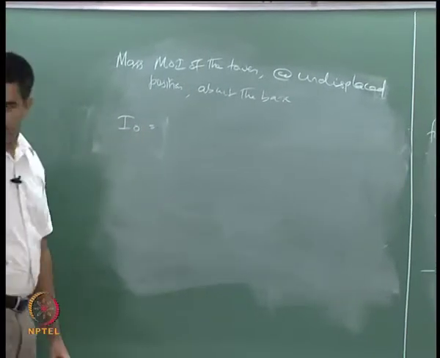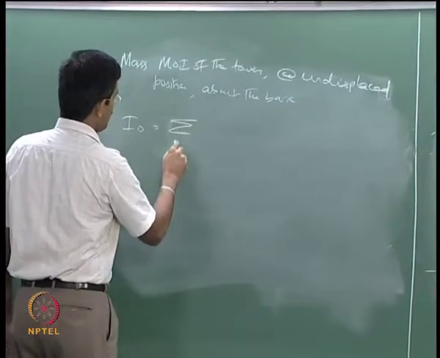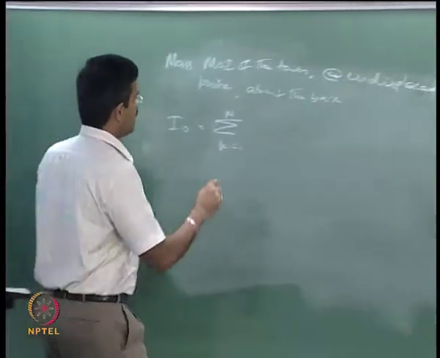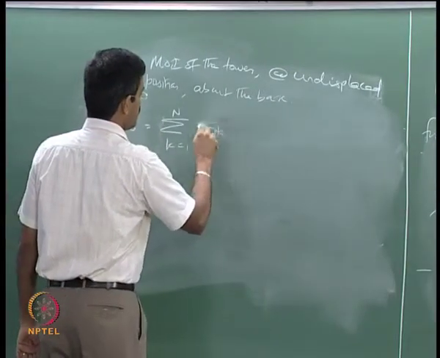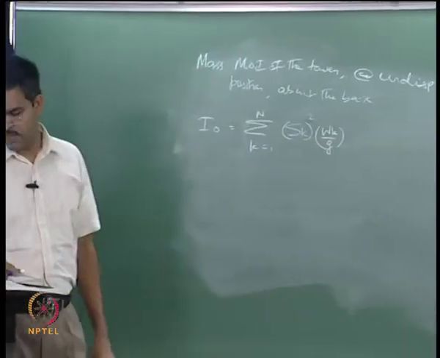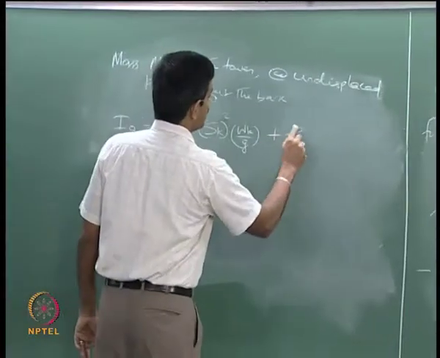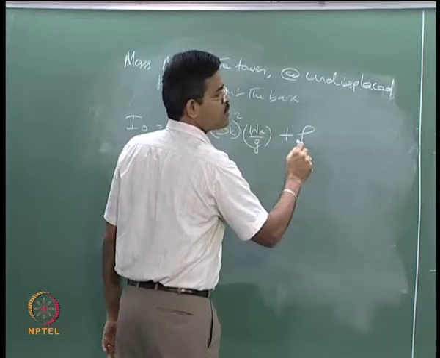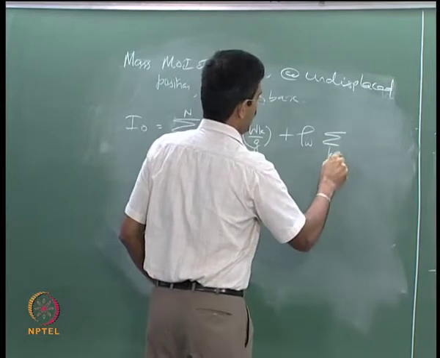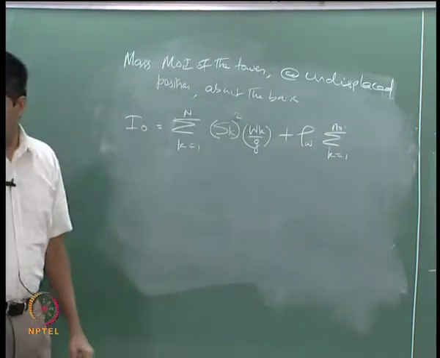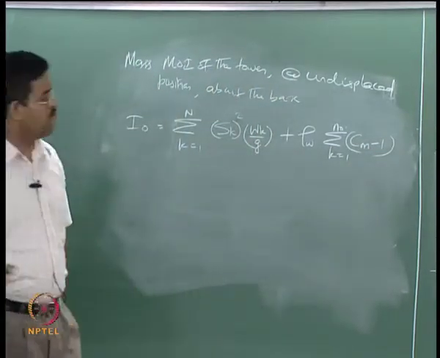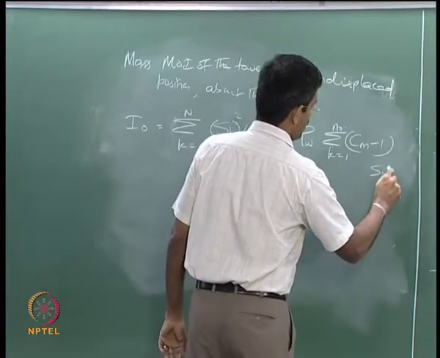I naught is simply sum of k equals 1 to n, that is my number of elements or segments in the tower. It will be simply length of the member by its mass plus rho of sea water, I am using rho w, of the submerged elements now, k equals 1 to n naught, Cm minus 1 of Sk square Vk.